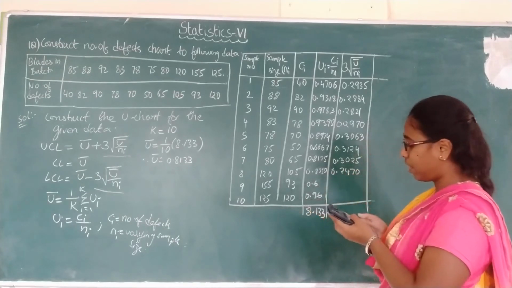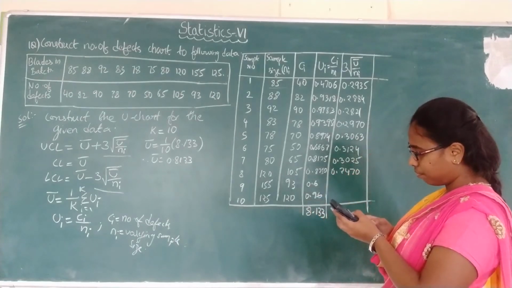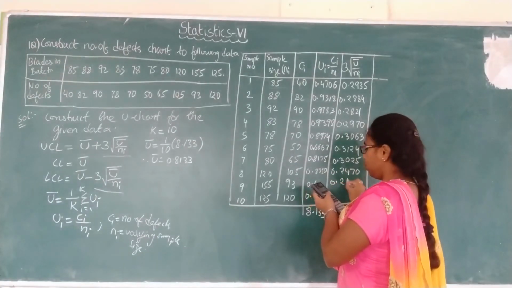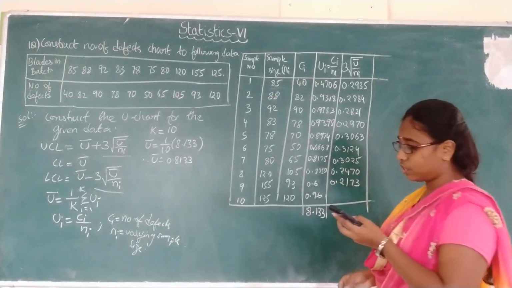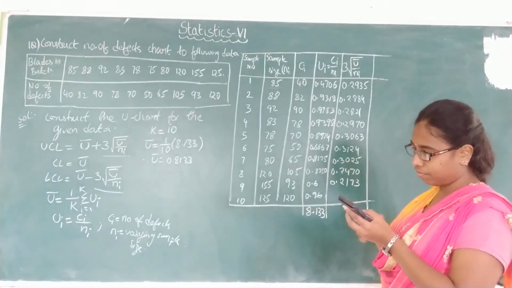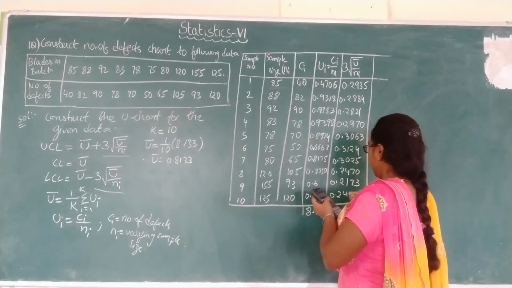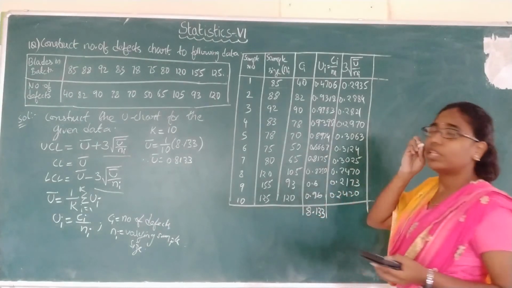Next is 155, 0.2173, and the last one is 125, 0.2420. So these are all the required values.